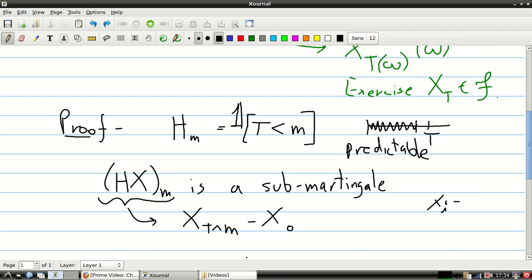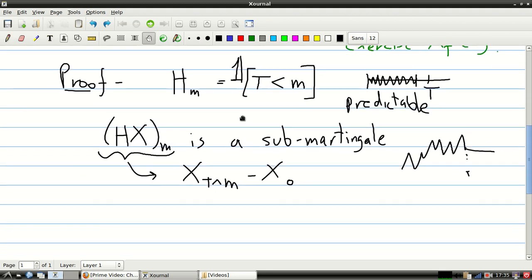So that's why until T minus 1 it's equal to this process here, because until T minus 1 this is just m. After, this process will stop evolving. So it will follow X until time T, and then it will stop evolving. And this is also happening with this process here because we are taking the minimum with T. So when m becomes larger than T, it stops moving.